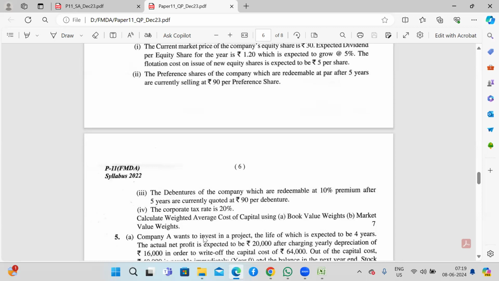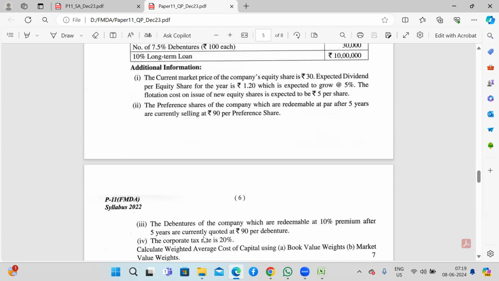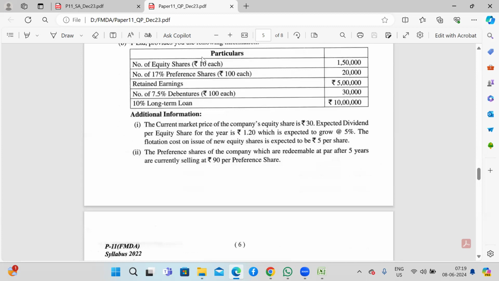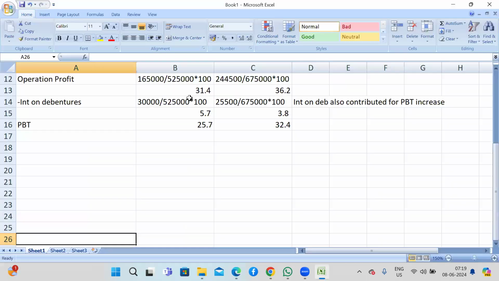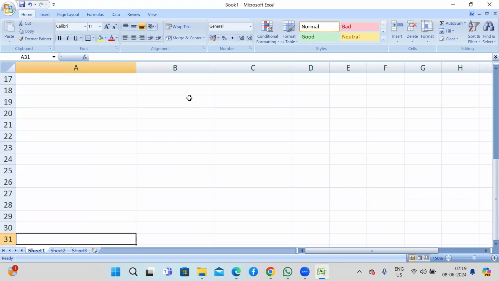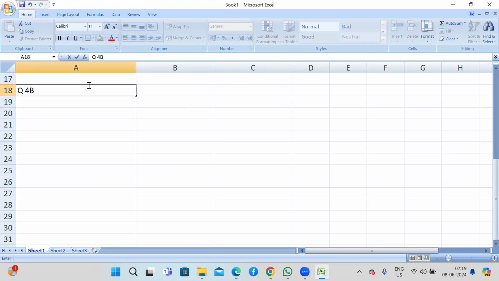So for WACC, we need to calculate cost of equity shares, that is KE, cost of preference shares, then debentures, and for long-term loan. So first, I'm going to calculate KE.